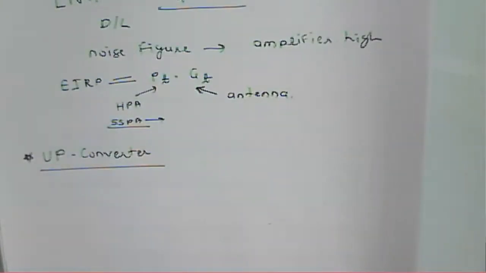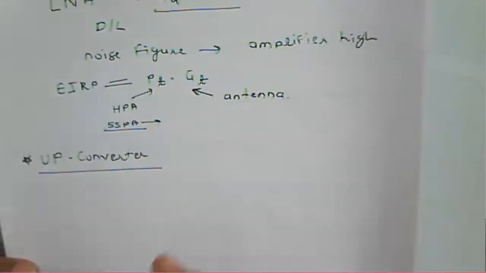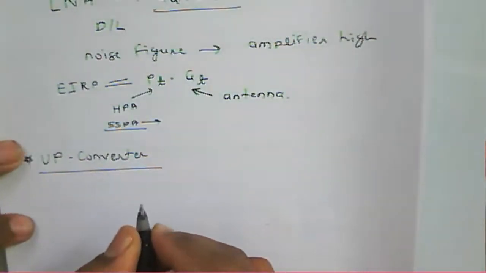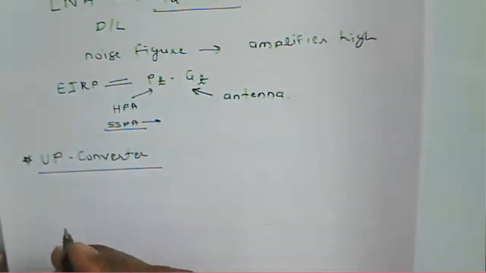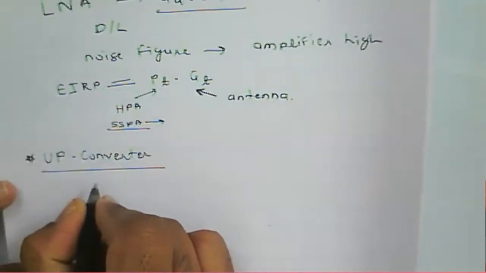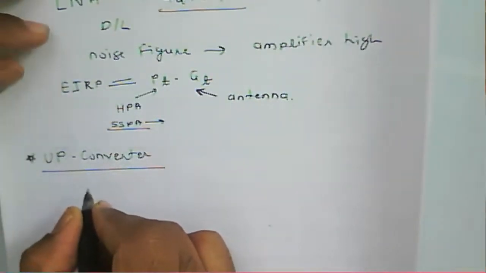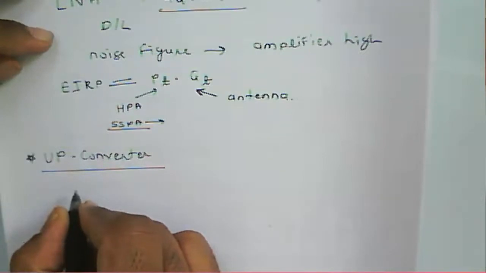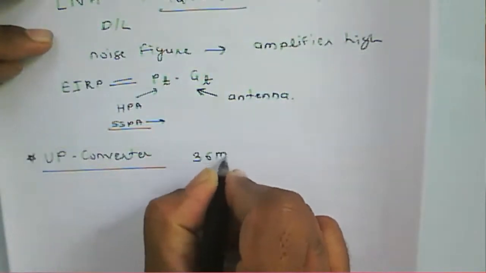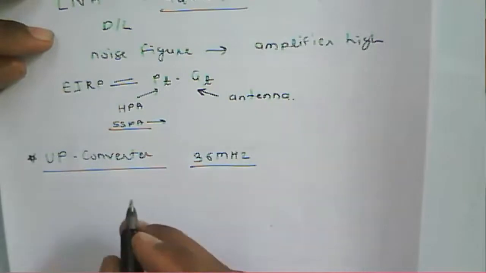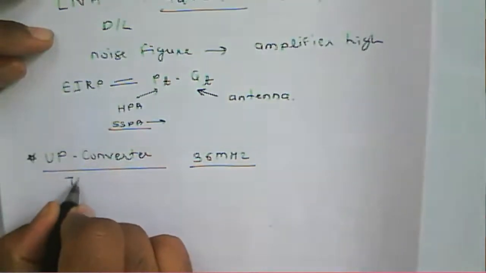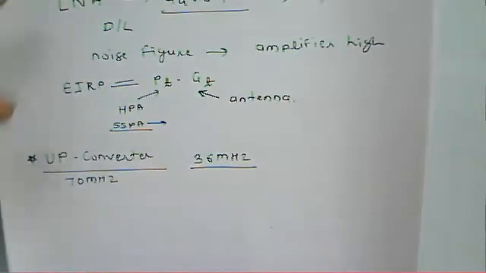Generally, the IF signal for the C band transponder can have a 36 megahertz bandwidth, and a center frequency of 70 megahertz, suppose.